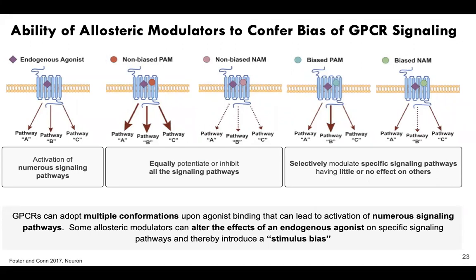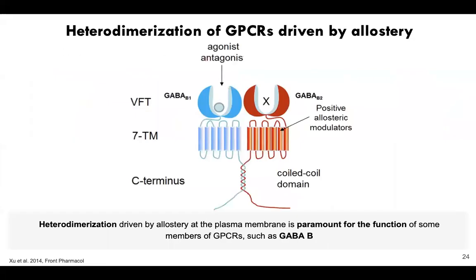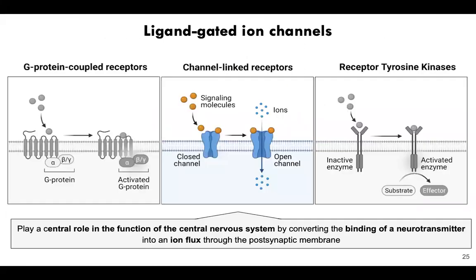We've heard that there are so many allosteric pockets that could be exploited on GPCRs, many of them unknown, and many ligands that have actually no characterization as allosteric yet, but they could be allosteric. And also heterodimerization of GPCRs driven by allostery is a significant potential drug target.